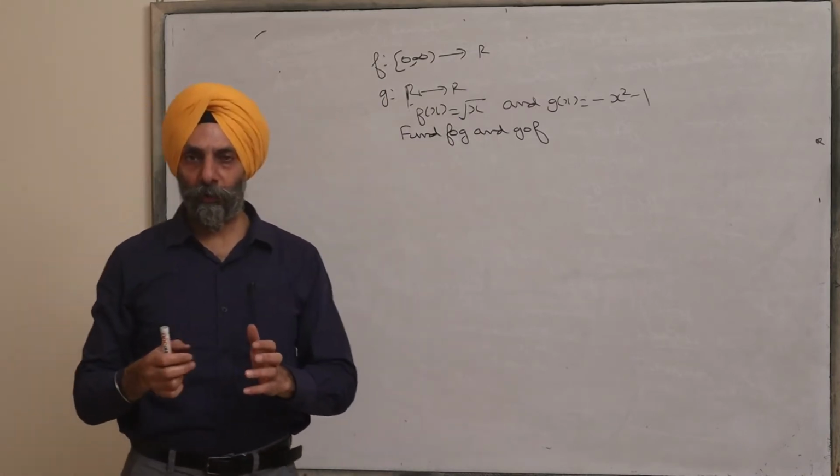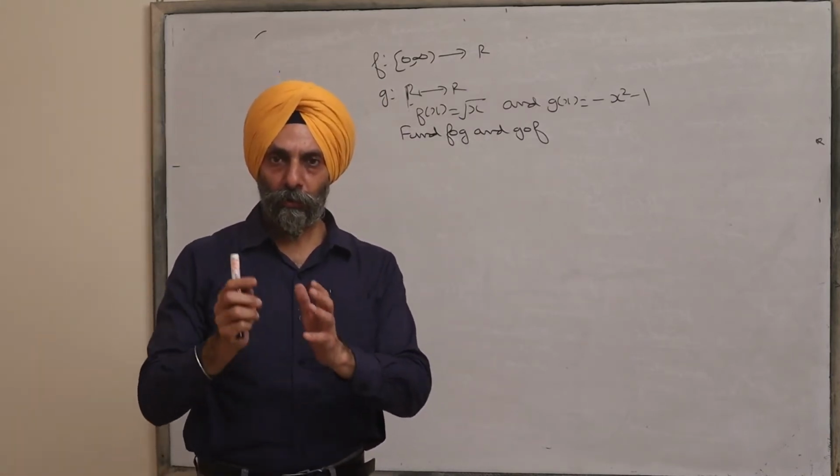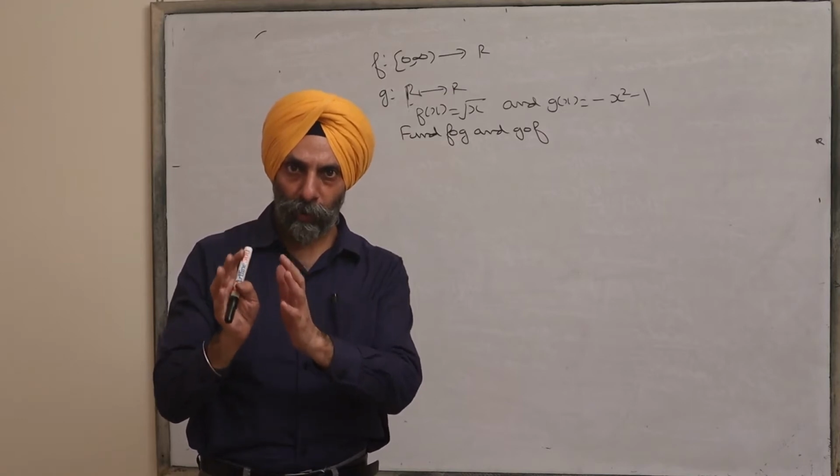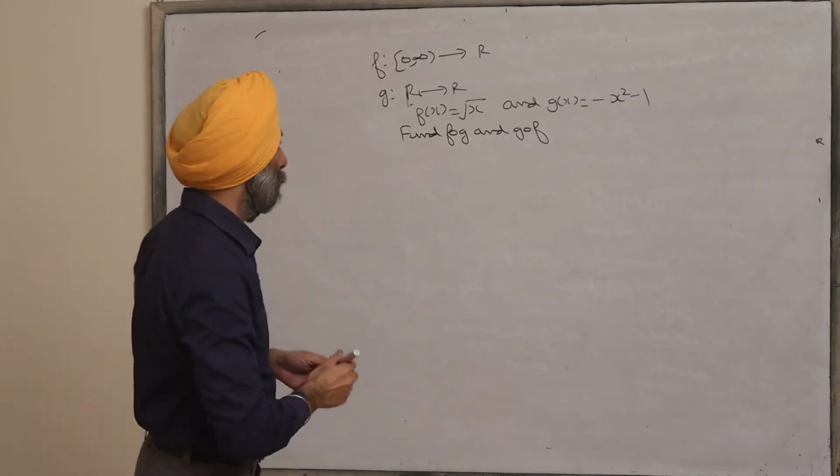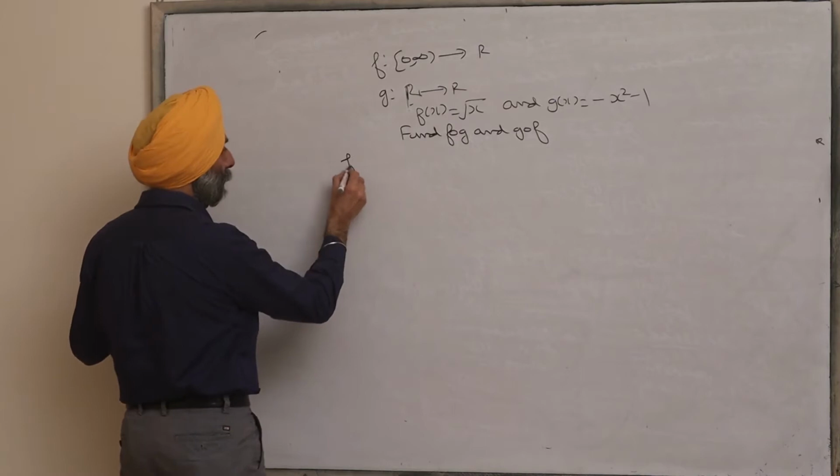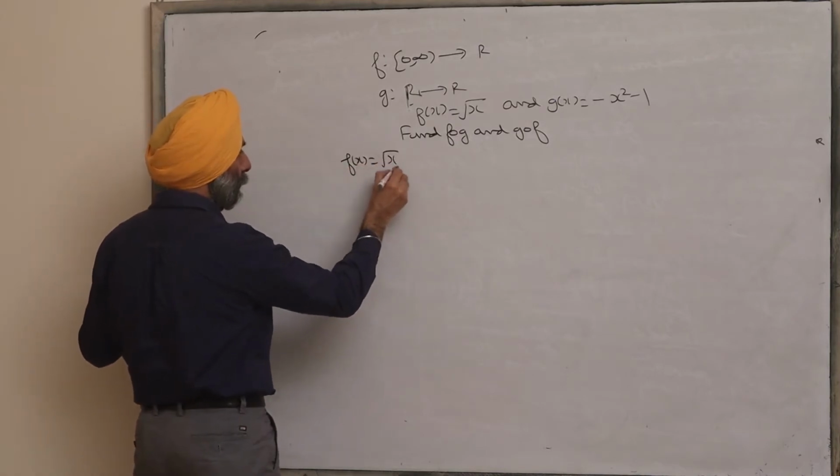To find f of g and g of f, first we need to write down their domains and find their ranges. Now f(x) is equal to root of x.